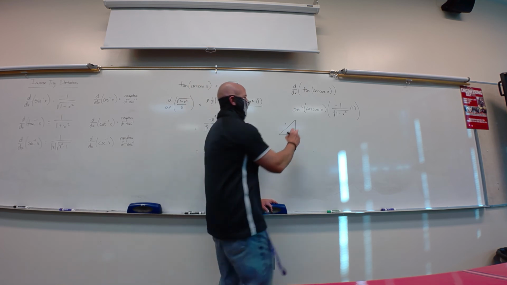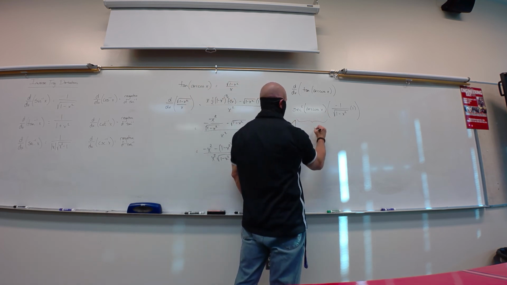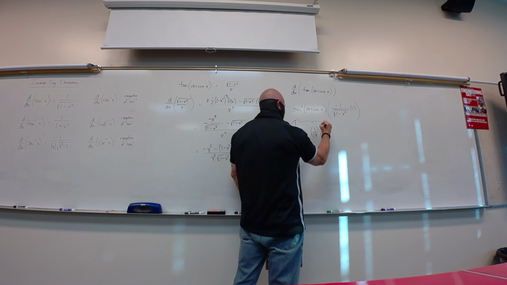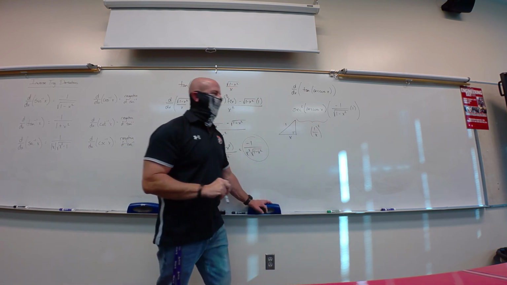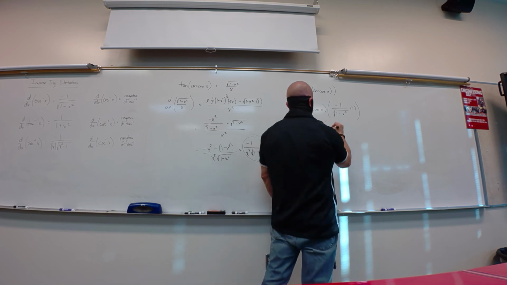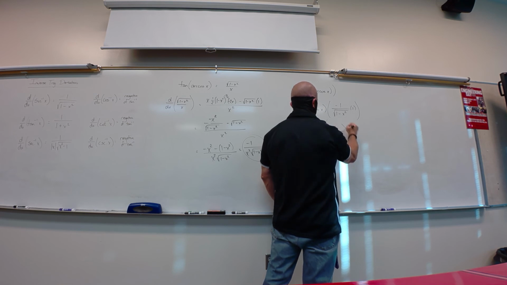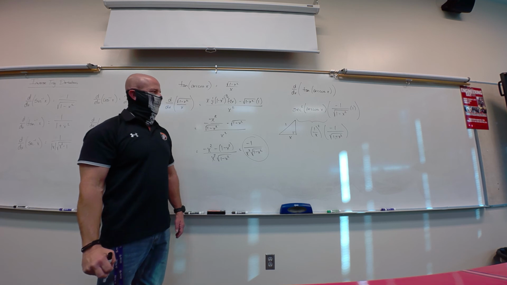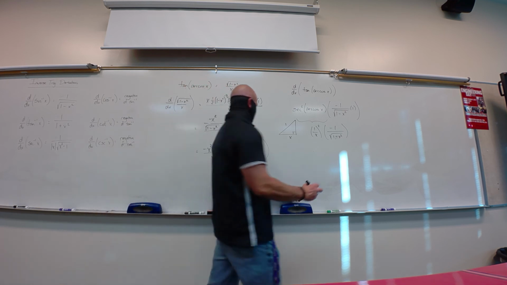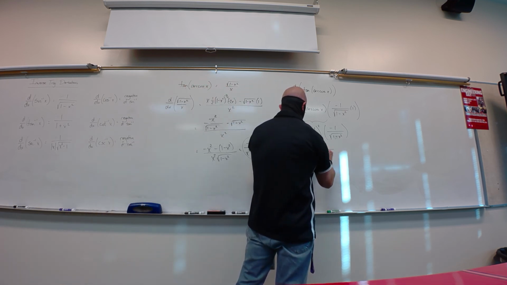So this piece right here is 1 over x squared times negative 1 over the square root 1 minus x squared, which is negative 1 over x squared square root 1 minus x squared.